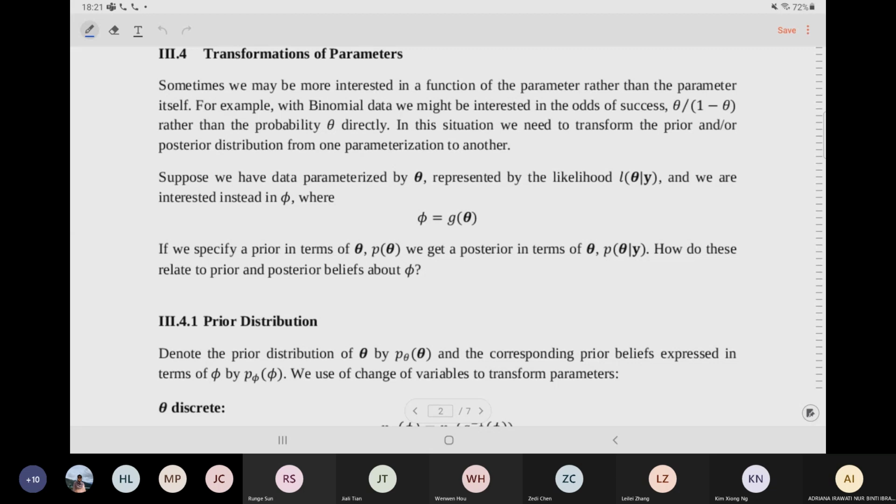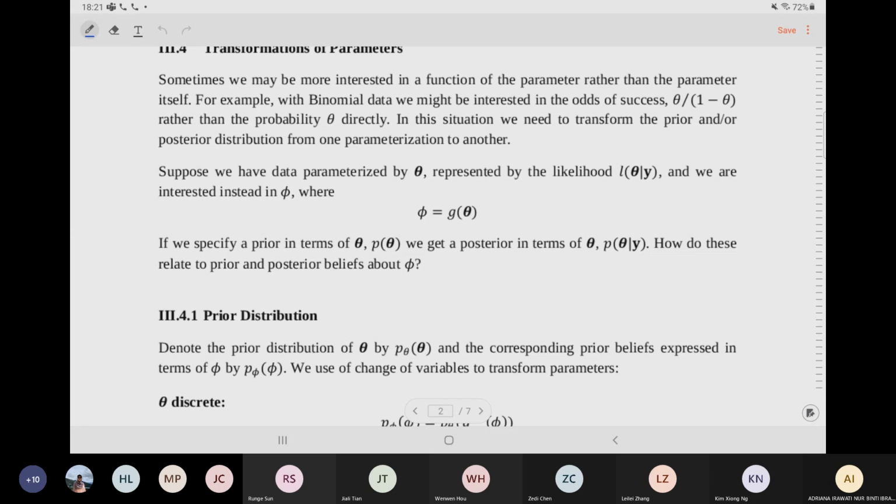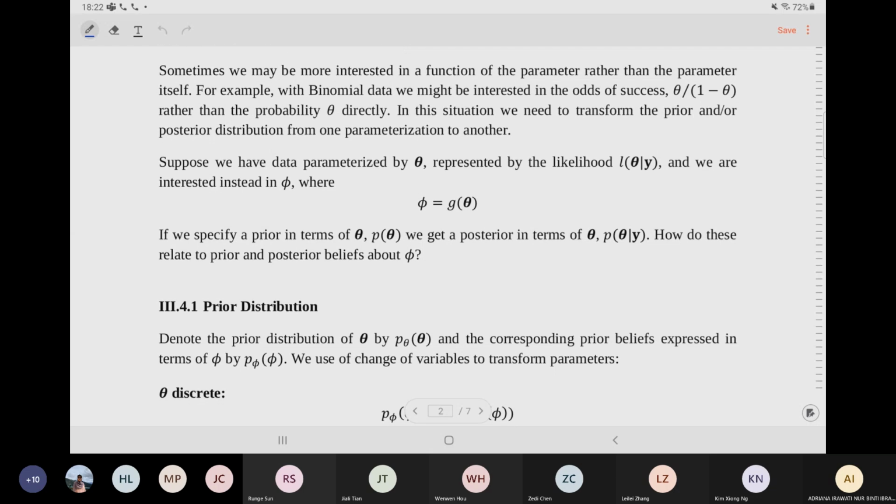There are actually two ways, as you can see later. One way is to transform the prior and the likelihood separately. Or you can find the posterior and then transform the posterior directly. Both are okay, depending on which one is easier, because when you find the posterior, sometimes the transformation will be harder.